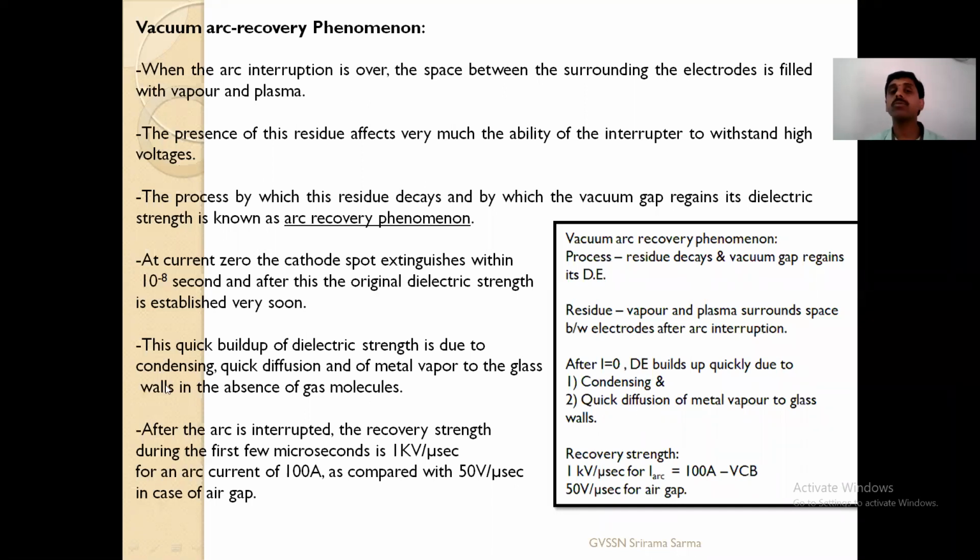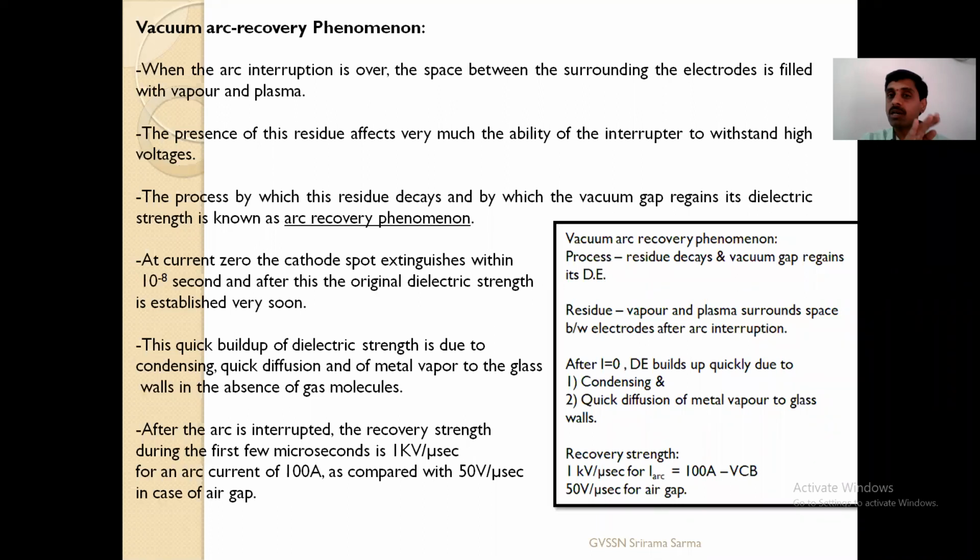In vacuum circuit breakers, the recovery strength is 1 kilovolt per microsecond. That means for every 1 microsecond, 1 kilovolt. What is the meaning of this? Say a 33 kV system is there. Suddenly a short circuit occurred, and this 33 kV becomes zero. Once the breaker opens and the arc is cleared, you have to get back the 33 kV as quickly as possible.